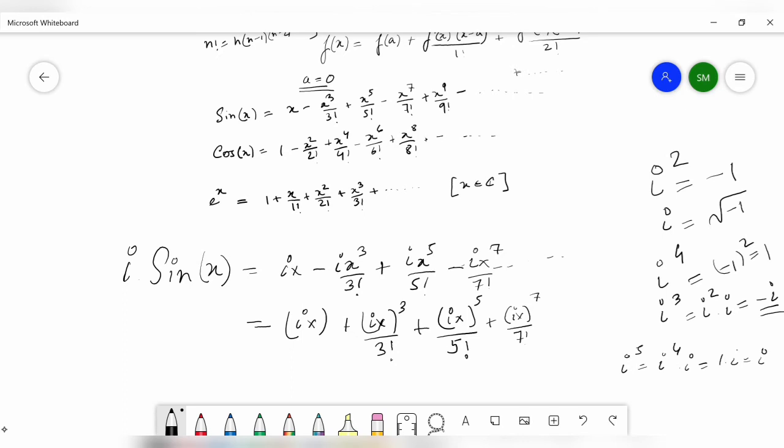Why? Because again, if I want to show what i to the 7 is, i to the 7 can be written as i to the 4 into i cube, because as you know, x to the power y into x to the power z can be written as x to the power y plus z.